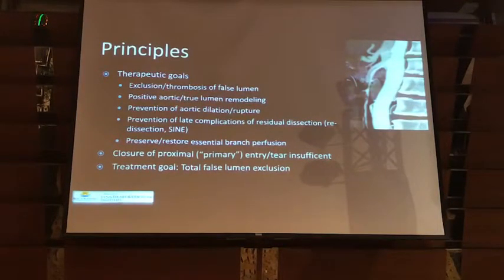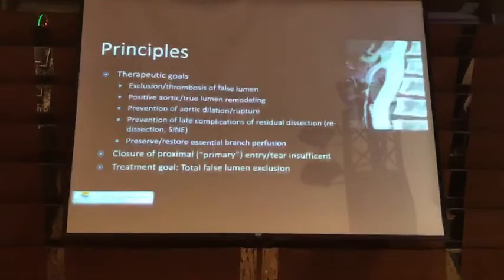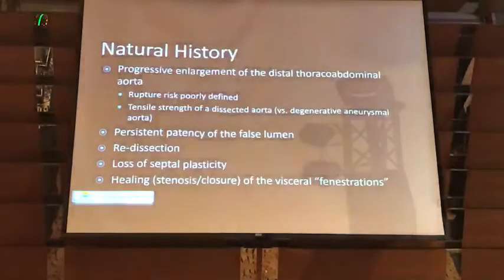We would also like to effect closure of the proximal or so-called primary entry tear, however we do recognize that alone is insufficient, and ultimately we want false lumen exclusion, total false lumen exclusion, not just partial.